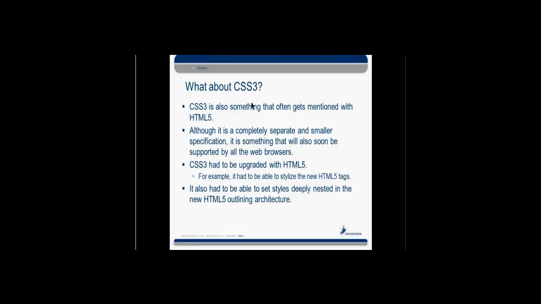New outlines, for example, that can be based on the new tags that I'm about to show you, where you can go several levels deep, well below the top 6 like we're used to working with. And then based on those levels, you can address any certain section, whether it be the ancestors or descendants, with your CSS3 tags, changing the style of them. So CSS3 really did have to be upgraded with HTML5, and recognize some of the new tags, as well as dealing with deeply nested outlining that's available.